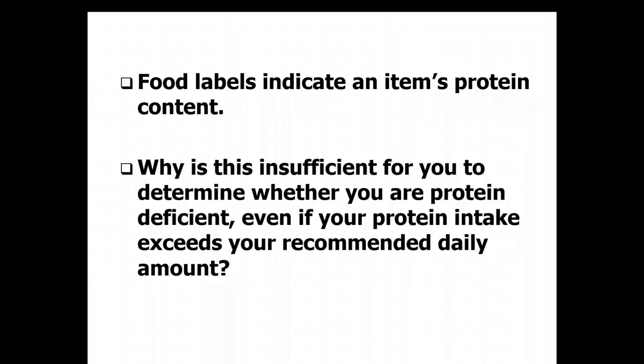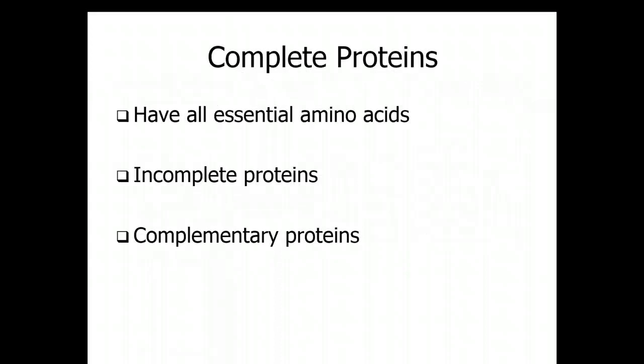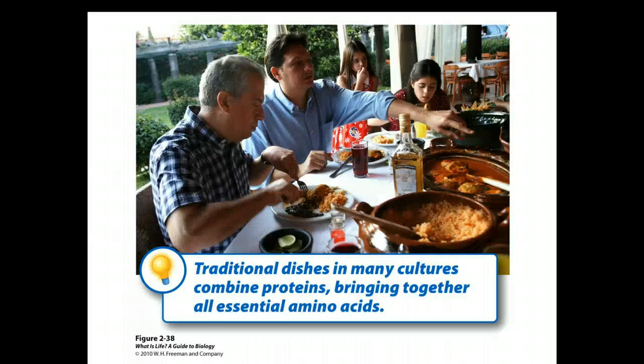So we have to make sure that our diets contain the various ones that we must acquire from our environment. There are complete proteins, which have all the essential amino acids, incomplete proteins, and complementary proteins. The complementary proteins and the like are all dietary concepts.